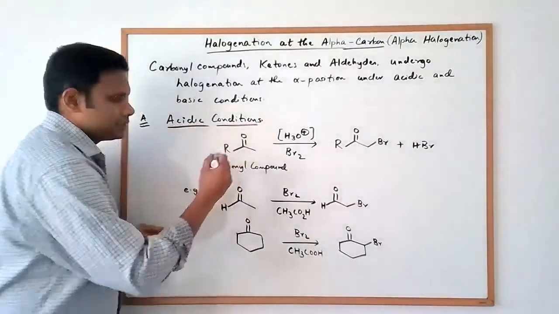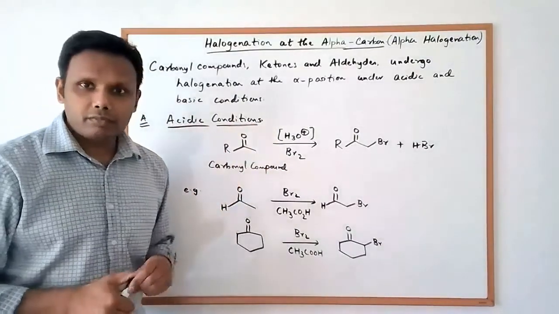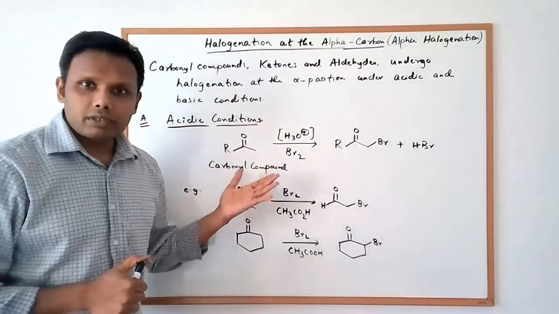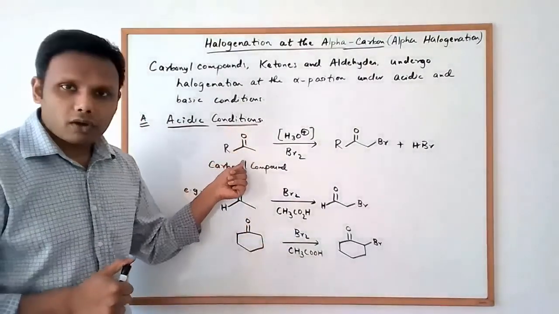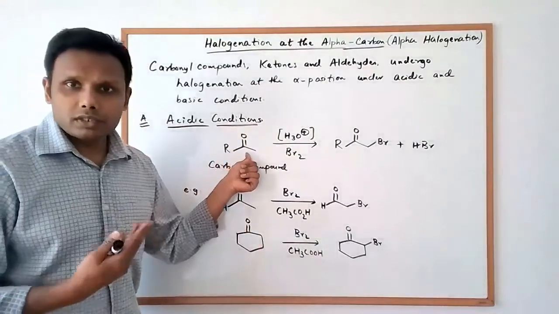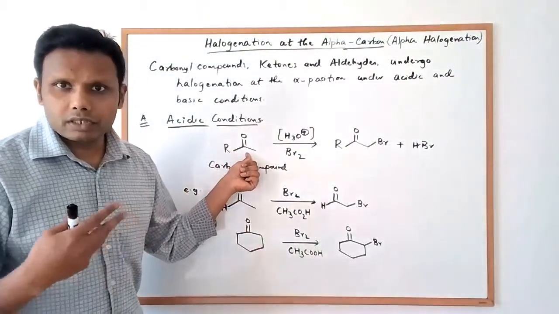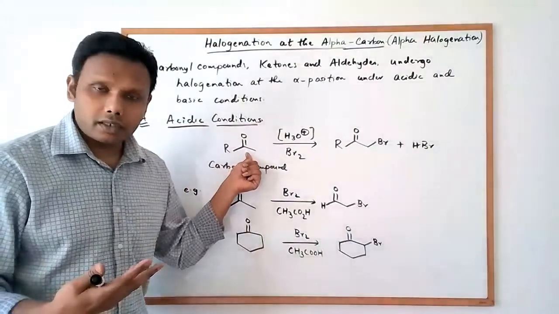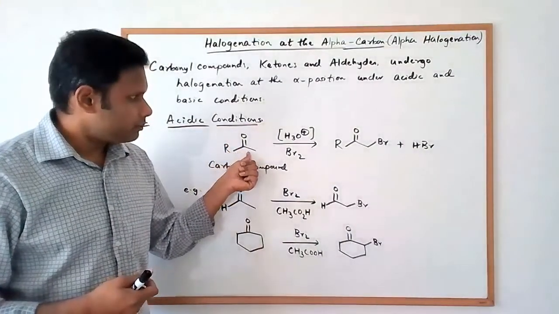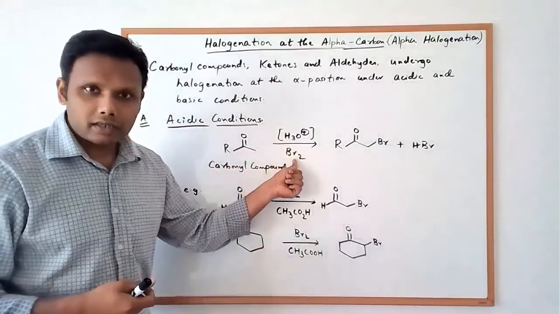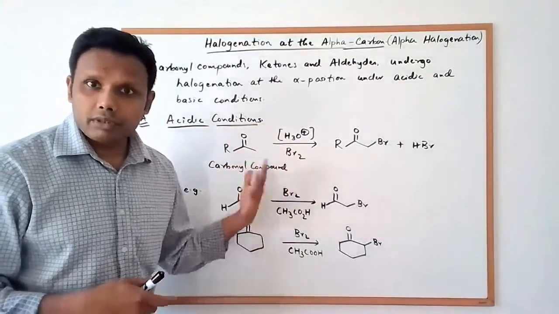So examples, I've basically put a generalized example here and then some specific examples. If we have a carbonyl compound, and again, I'm just using this generalized structure to represent either a ketone or an aldehyde, it can react with a halogen, and the halogen can be any halogen.